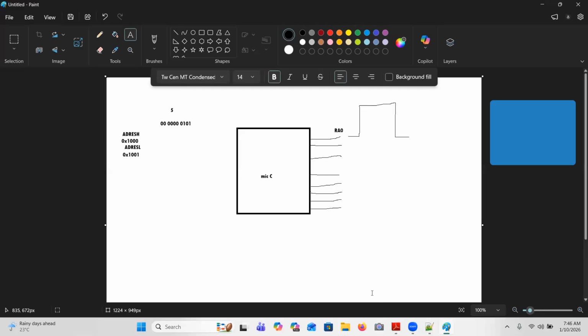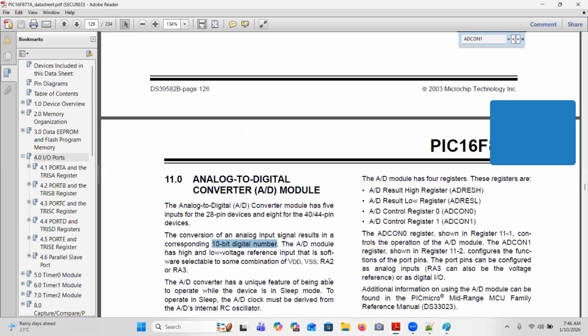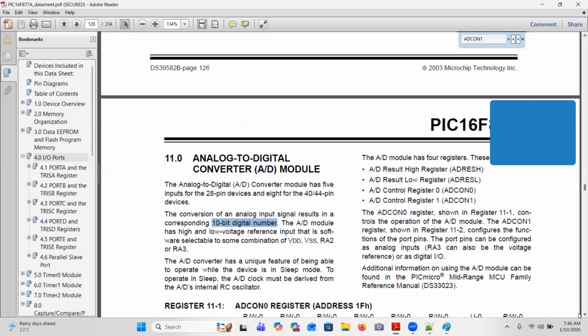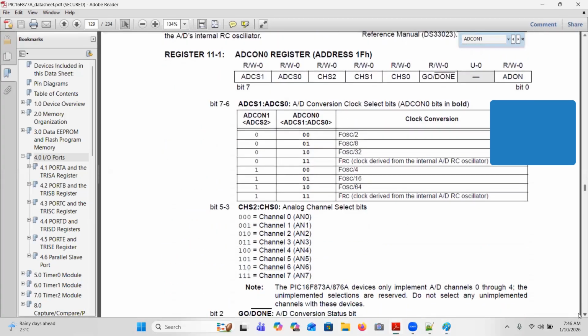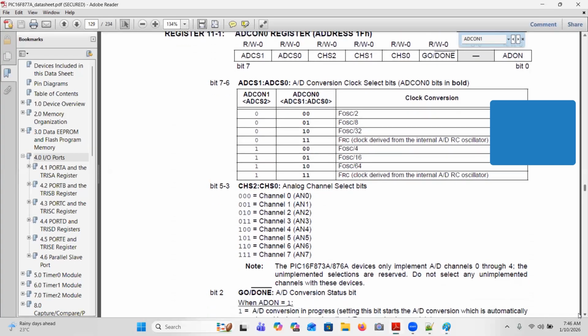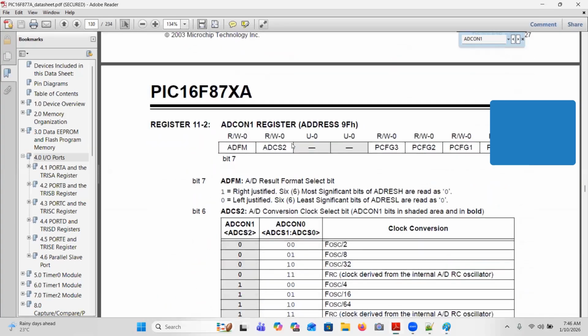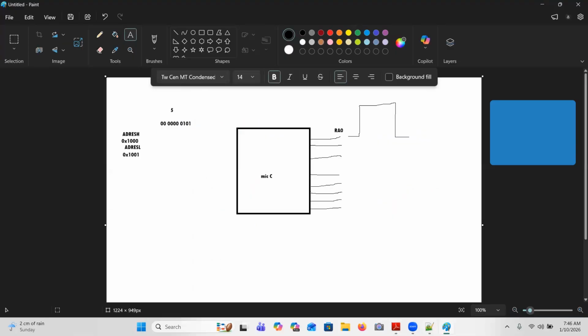There is a bit called ADFM. If this bit is set to 1, they will store the result like this.